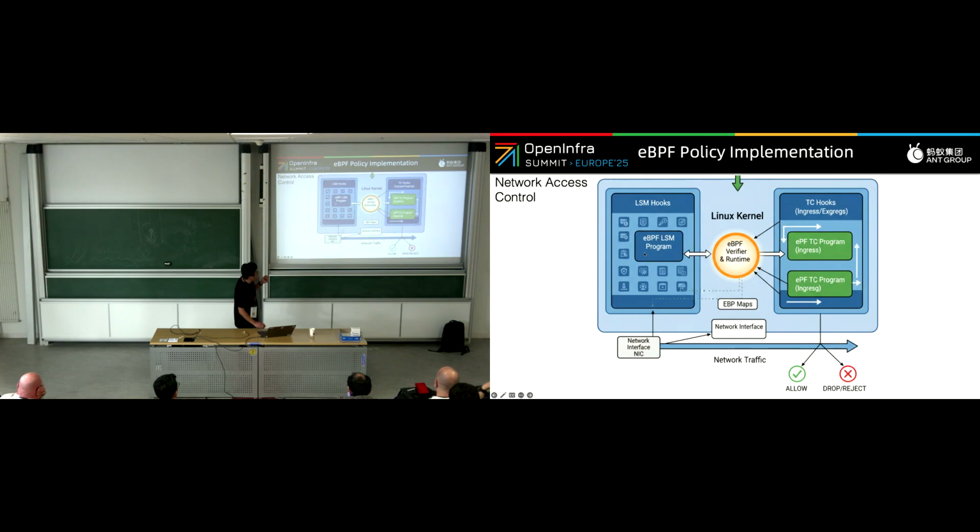The LSM programs will be used to prevent the domain names and ports and others from being accessed. And the TC program will be used to restrict specified IP addresses and the ports corresponding to those IP addresses, specifying the destinations that you can or can't access.